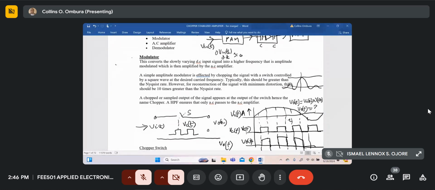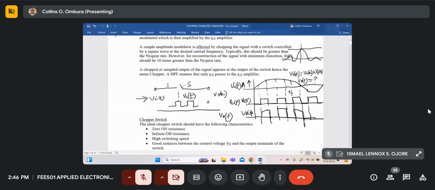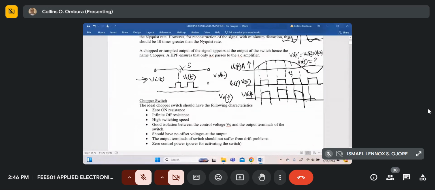So the spectrum of our pulse amplitude modulated signal is totally different to that of our input signal. Okay, so that's the function of this chopper switch. This chopper switch chops the input signal to get a pulse amplitude modulated signal at the output.